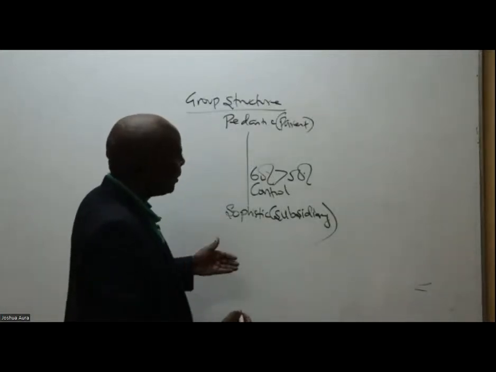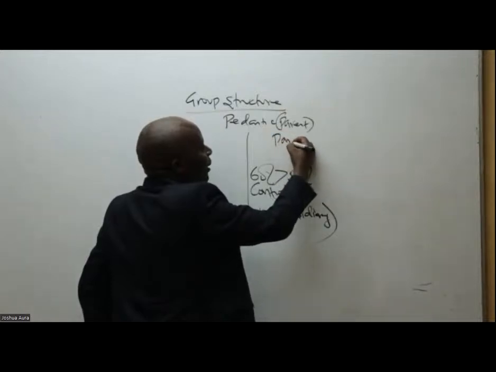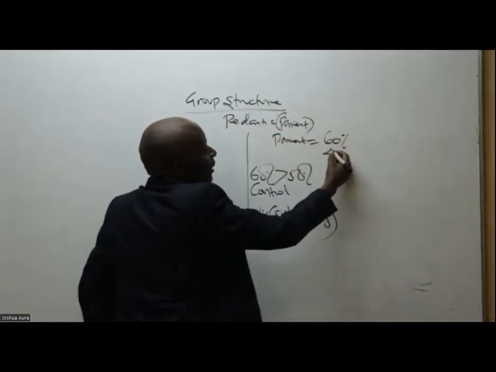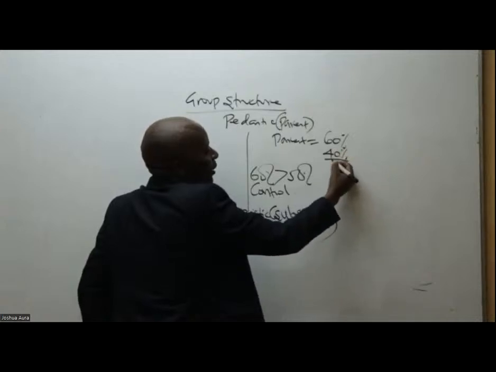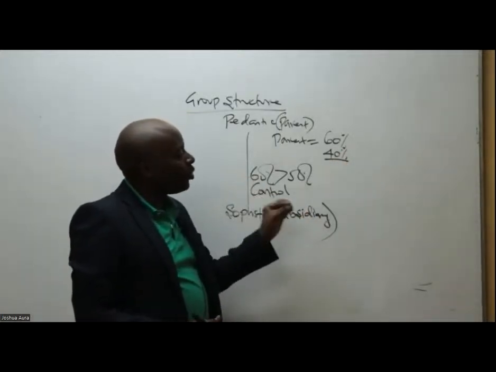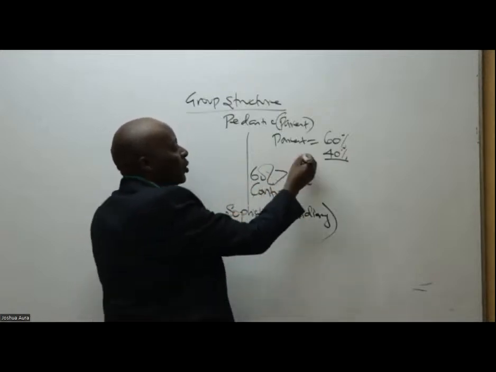Now listen to me very well. We can see that the parent owns 60%. There must be someone else who owns the smaller percentage, and we normally give them a special term.